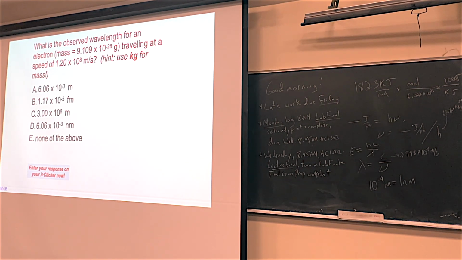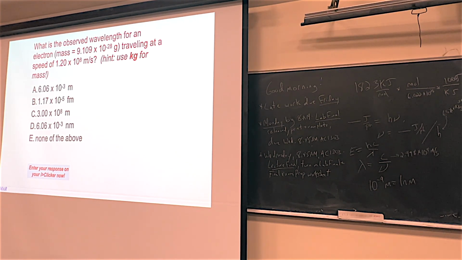Things with mass will not be photons, because photons are light. Supposedly photons have no mass. Another thing about things with mass is that they don't travel at the speed of light, and this goes back to Einstein's relativity. So you won't see the speed of light listed for these problems. You might see something like 75% the speed of light, but you won't see the actual speed of light.